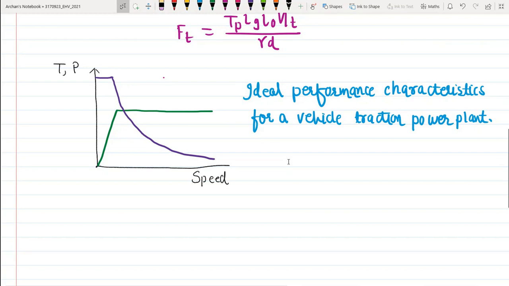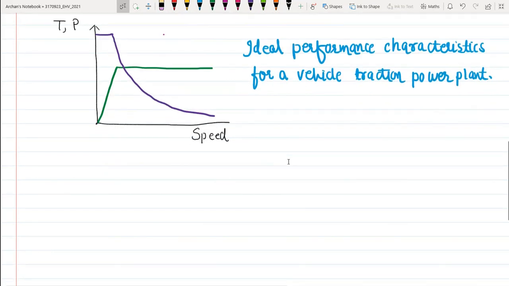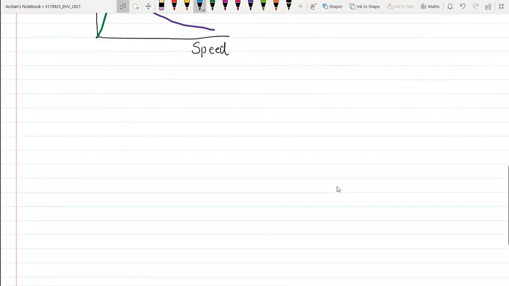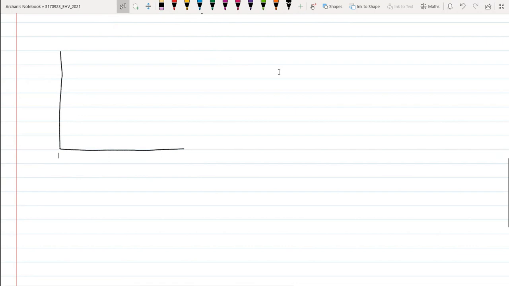So talking about the gasoline powered vehicle, whenever we talk about the characteristics of this, on the x-axis I am considering the speed in RPM, and here we will be considering power in kilowatt.